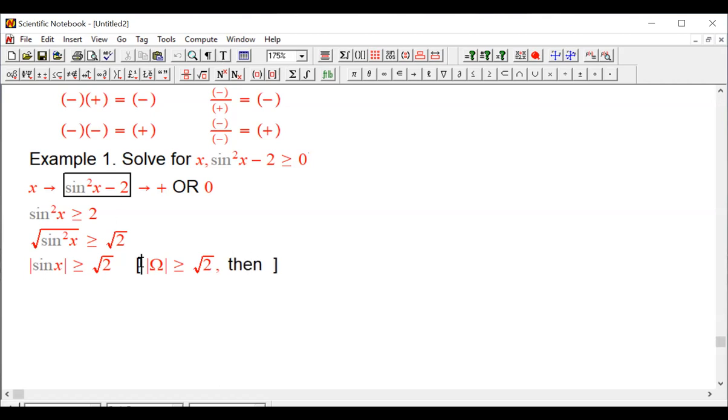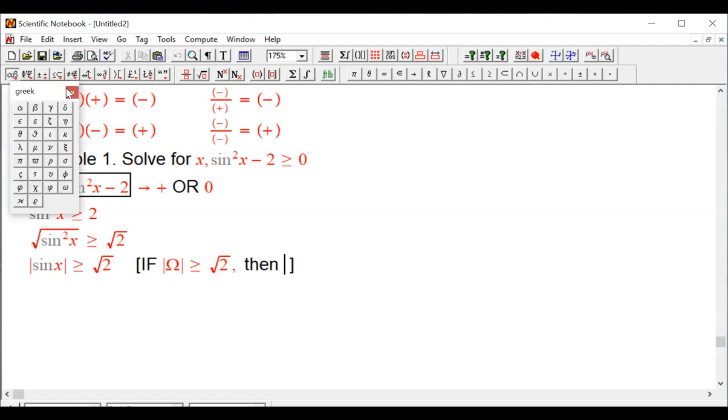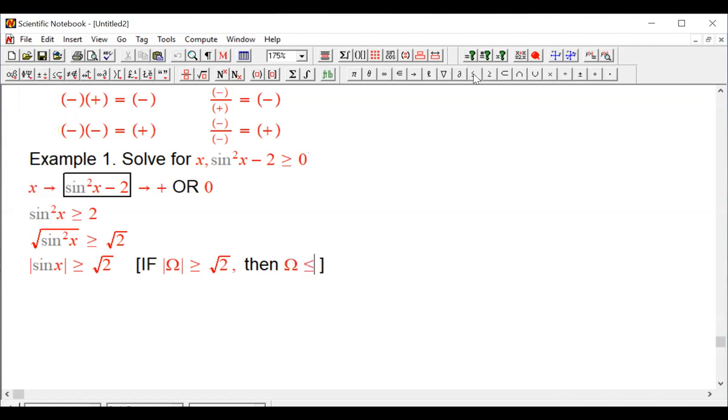This is an if statement, of course. Then omega would be less than or equal to negative √2, or omega would be greater than or equal to √2. Our omega, of course, is sine x.